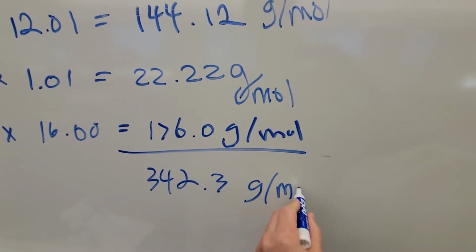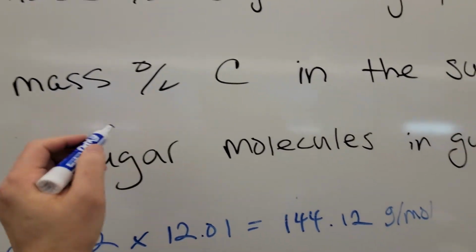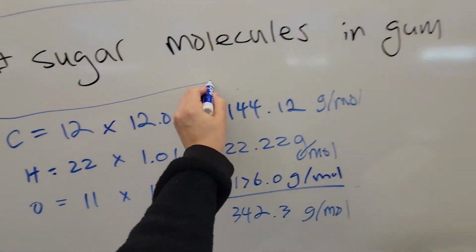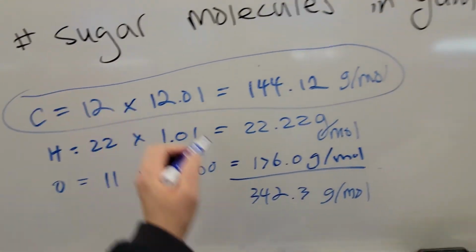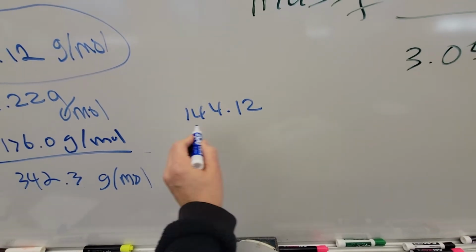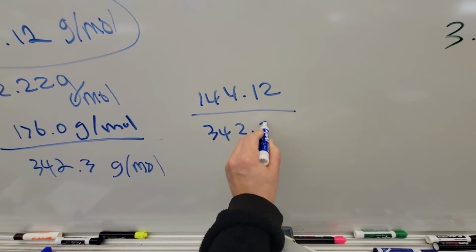Grams per mole. So now to get the mass percent of the carbon, we're just going to take carbon's component, which is 144, and put it over the molar mass of the compound.